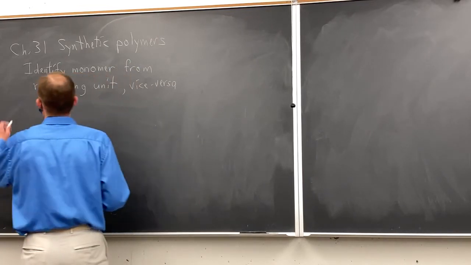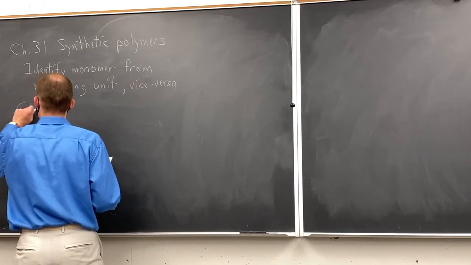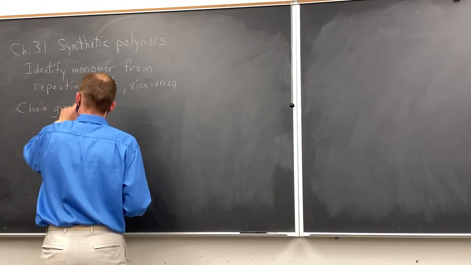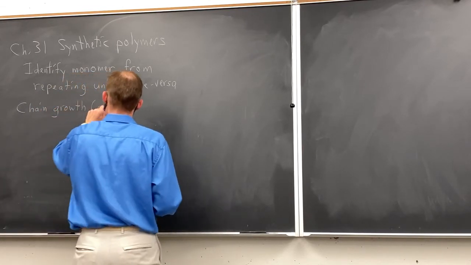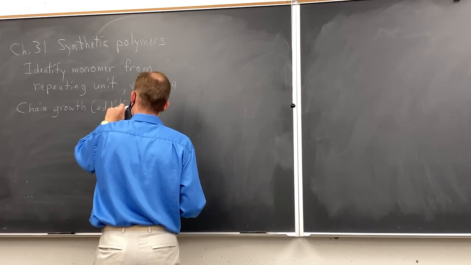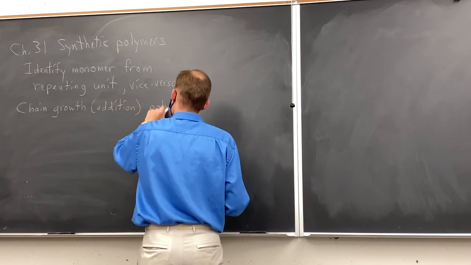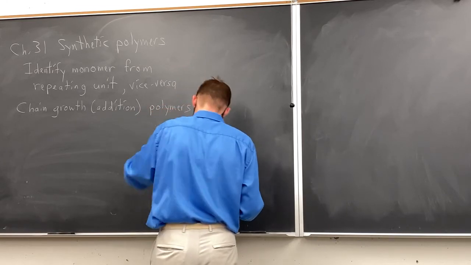So we have our two classes of polymers. We have our chain growth or addition polymers formed by addition reactions repeated. And these are chain reactions.